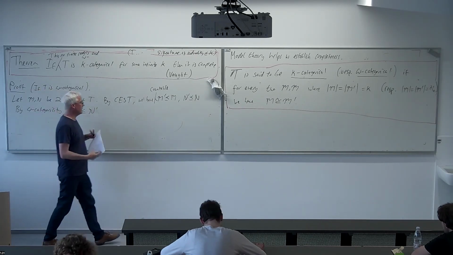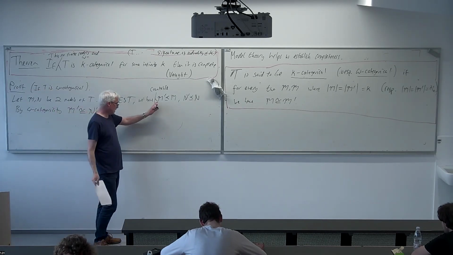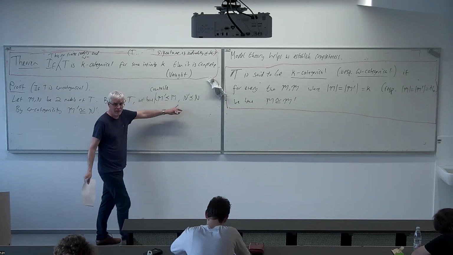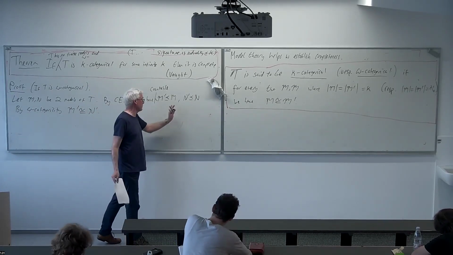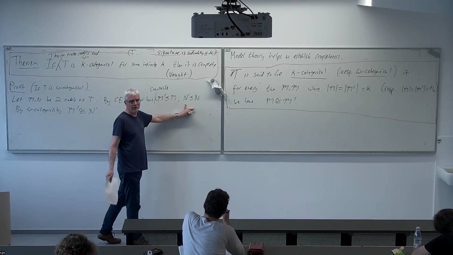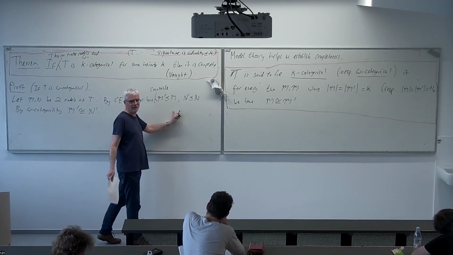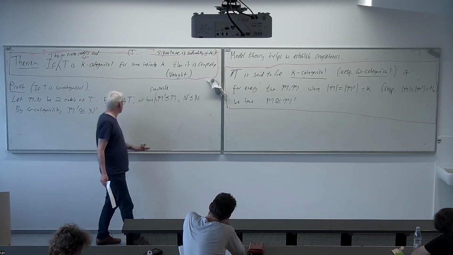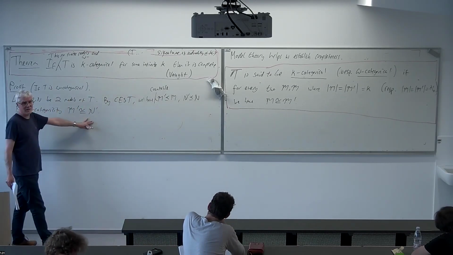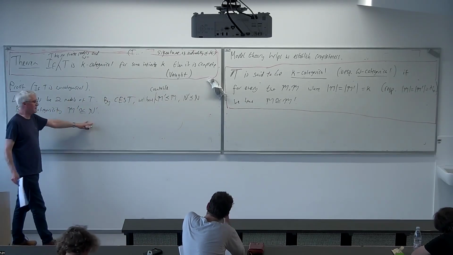Okay, but if you've got an elementary embedding, then the two models are elementary equivalent, meaning they satisfy exactly the same sentences. Also, if they're isomorphic, they satisfy exactly the same sentences.